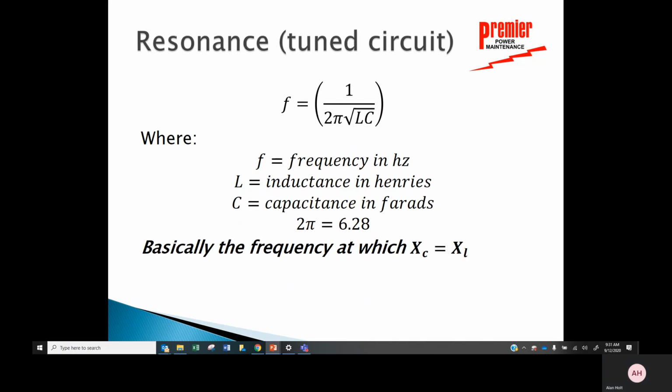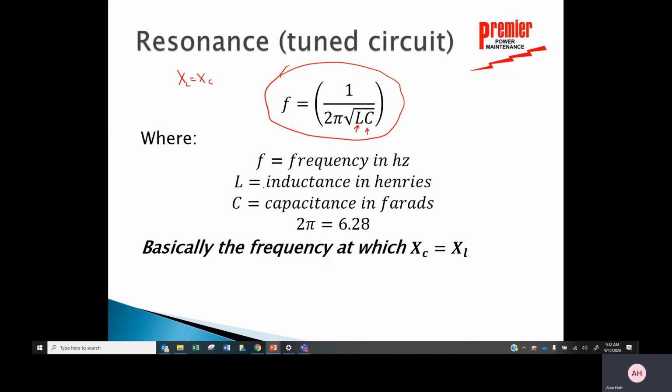So let's talk about a few things. Tuned circuits. We had a brief review of what happens to capacitive reactance and what happens to inductive reactance, but let's look at this tuned circuit. We have a frequency here at which the inductance and the capacitance, X sub L equals X sub C. Now there's a derivation, so you can actually come up with this equation, which is a neat question.